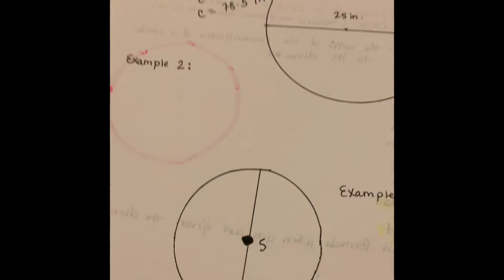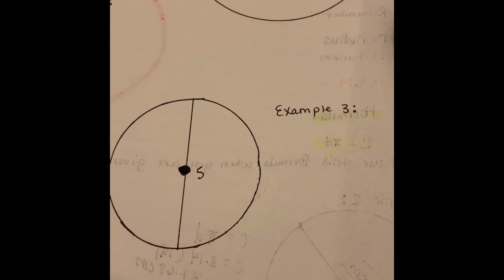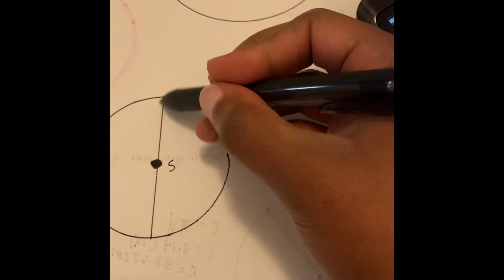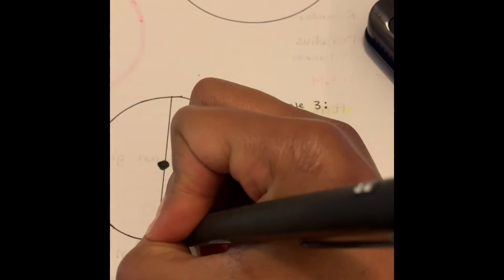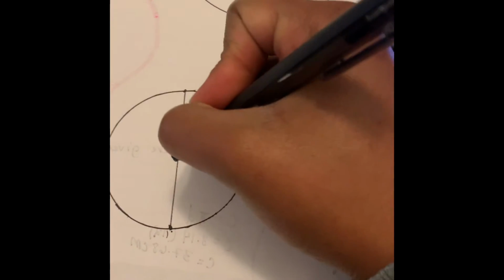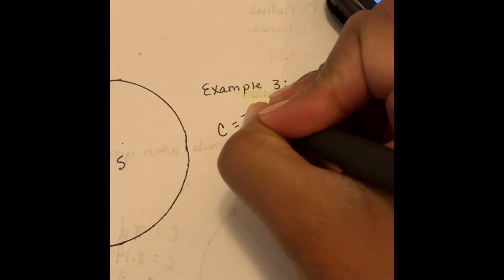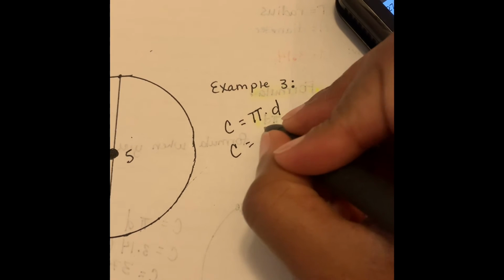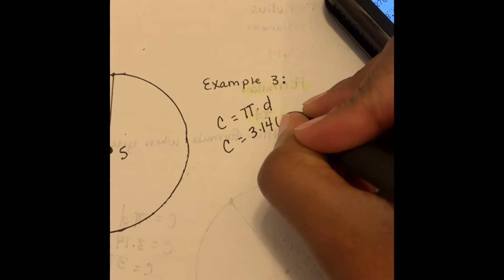Last but not least, example 3. I have a diameter, goes straight through the circle, through the center, two endpoints, and the measurement is 5. So C is equal to pi times diameter. C is equal to 3.14 for pi times 5.